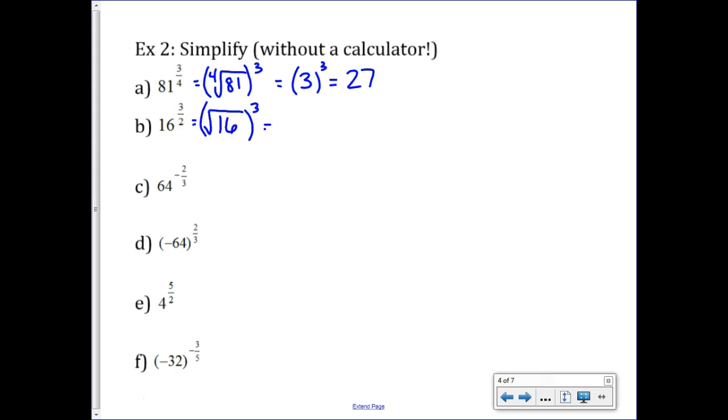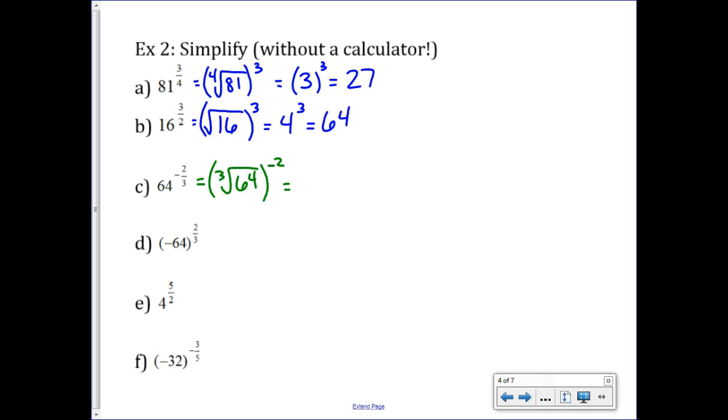Then I have 16 to the 3 halves, or the square root of 16 to the 3rd. The square root of 16 is 4. 4 to the 3rd, 4 times 4 times 4, is 64. I have 64 to the negative 2/3 power. So 64 to the negative 2/3 power, I'm going to rewrite as the cube root of 64 to the negative 2.